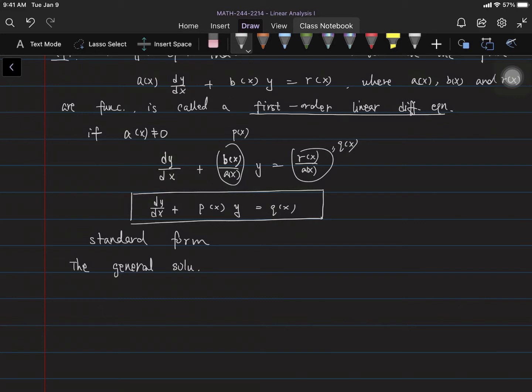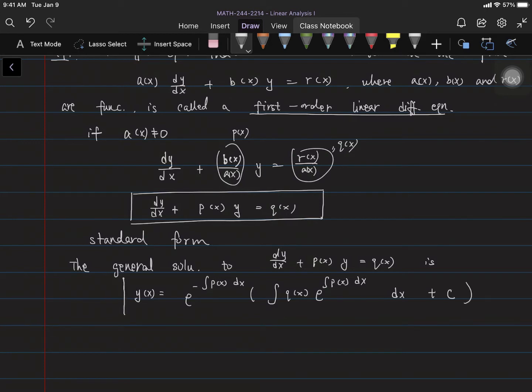The general solution to dy/dx plus p(x) y equals q(x) is y(x) equals e to the negative integral of p(x) dx, times the integral of q(x) e to the integral of p(x) dx, dx, plus c.